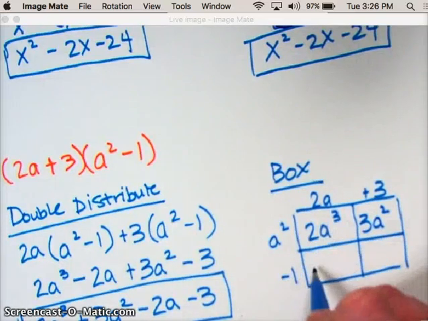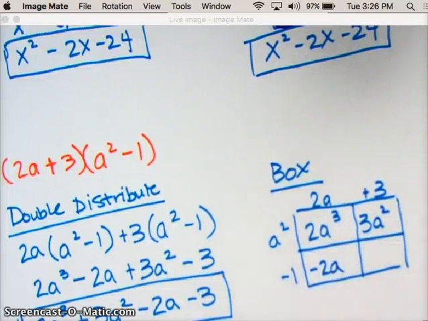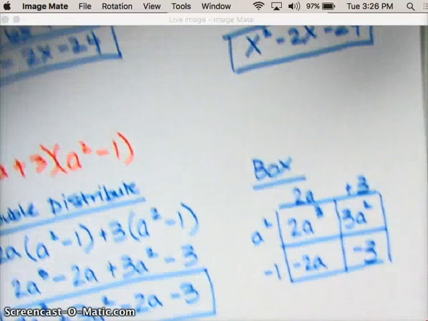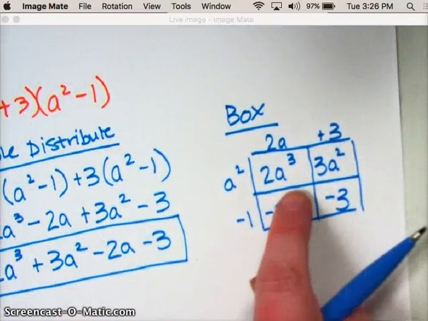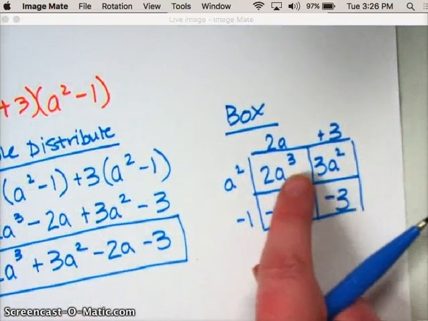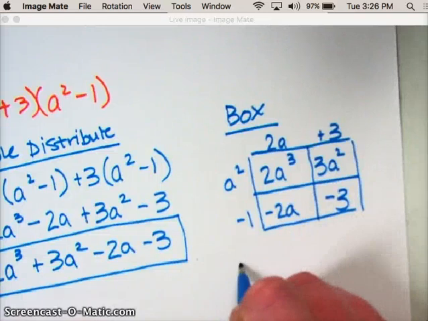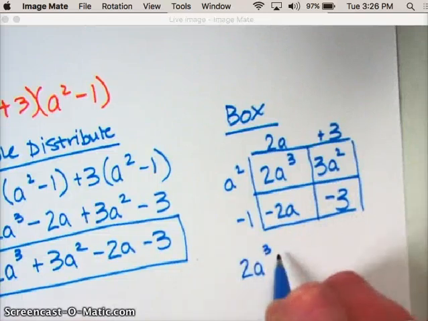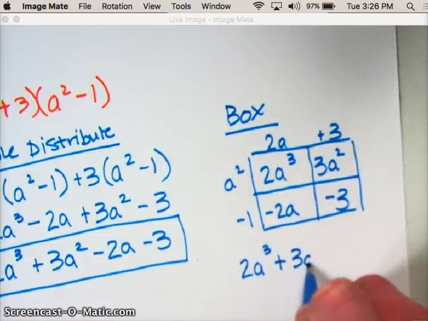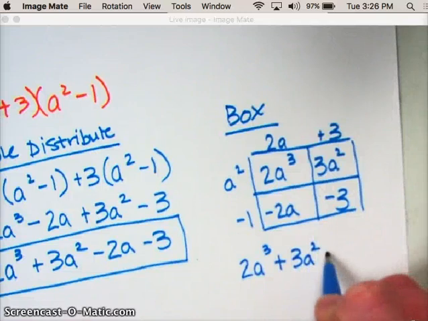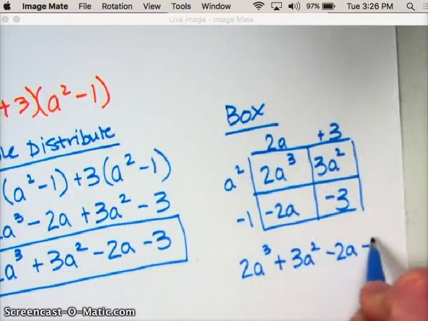Negative 1 times 2a is negative 2a. Negative 1 times 3 is negative 3. There are no like terms here, so I can't combine any terms again. We have 2a cubed plus 3a squared minus 2a minus 3.